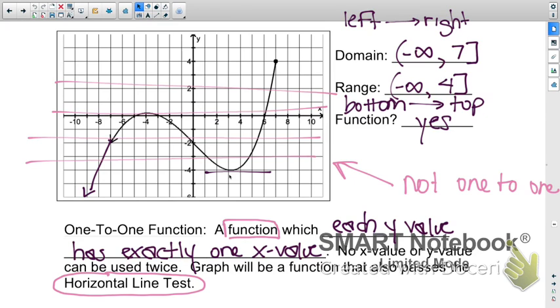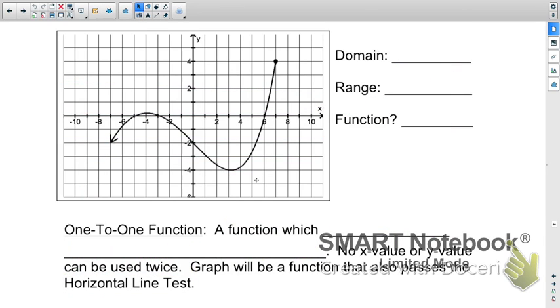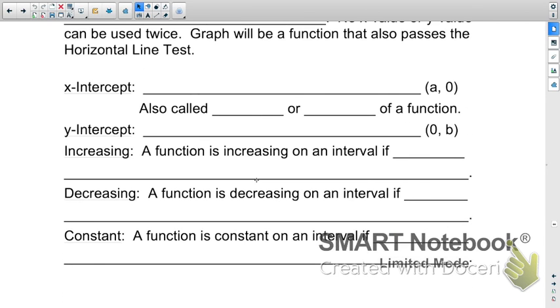Okay? I am not going to take the time to write out definitions for x-intercepts and y-intercepts. One would hope we know what those are at this point. Increasing. We talk about whether functions are increasing, decreasing, or constant, and then we're going to get a little practice with this on the next page, and I'm going to be done talking about definitions. If a function is increasing, there's a lovely technical definition for this.